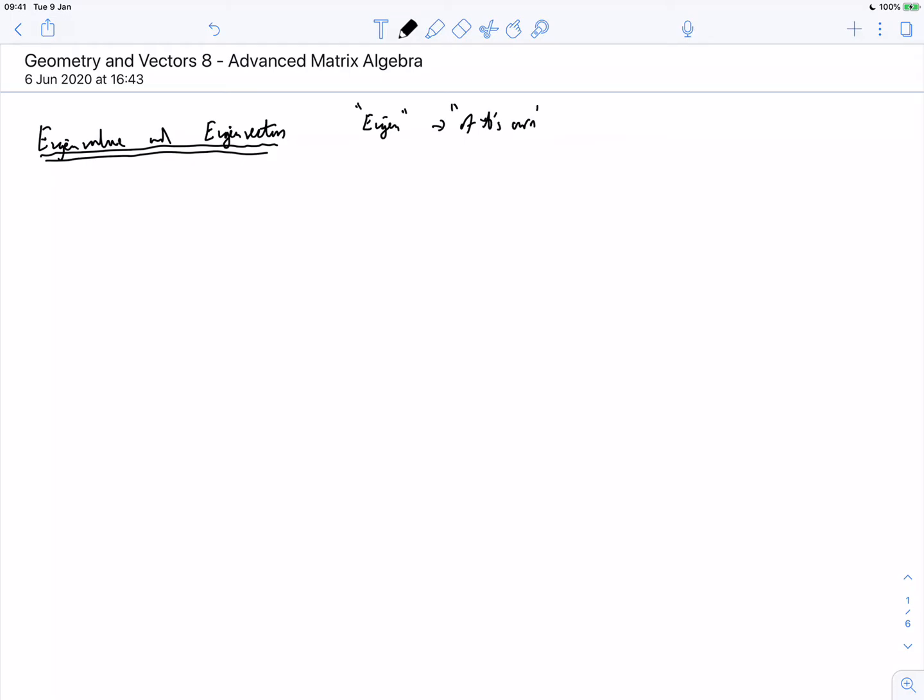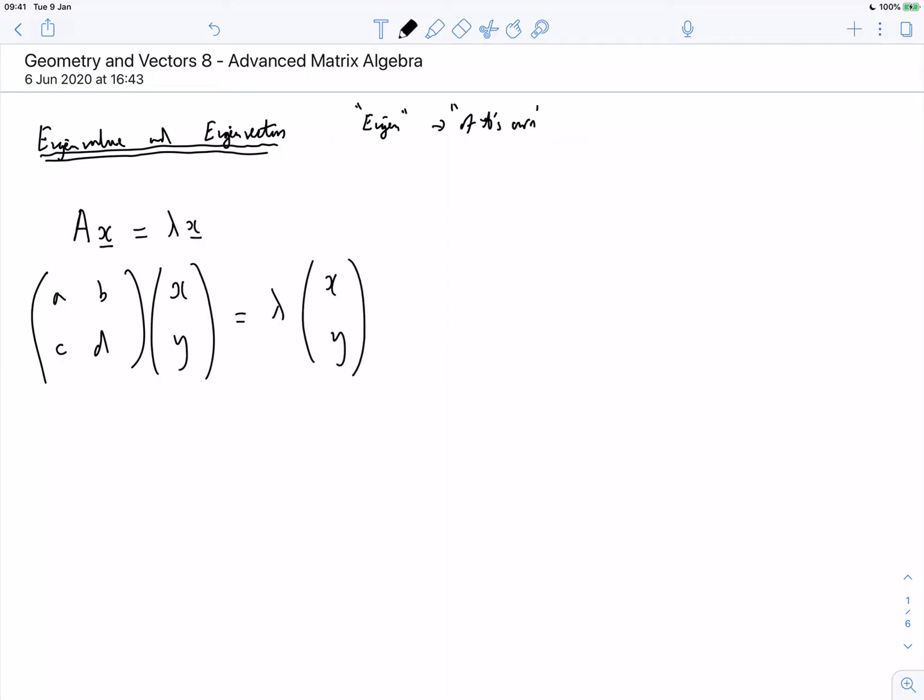But essentially what's going on is if I've got a matrix A and I'm multiplying it by a column vector x, so let's say this matrix A is a 2 by 2, let's say a, b, c, d, and let's say x bar is some x and y, then this is going to be some scalar multiple lambda times x bar, which is just x, y.